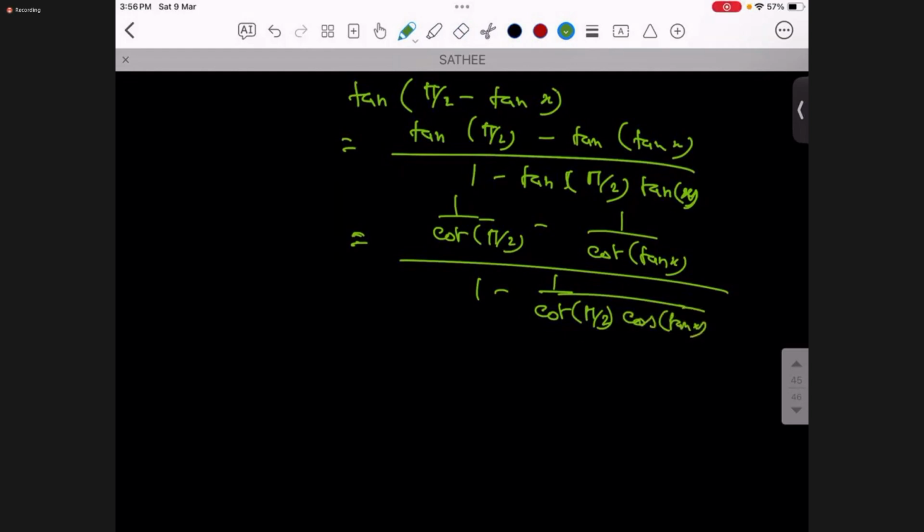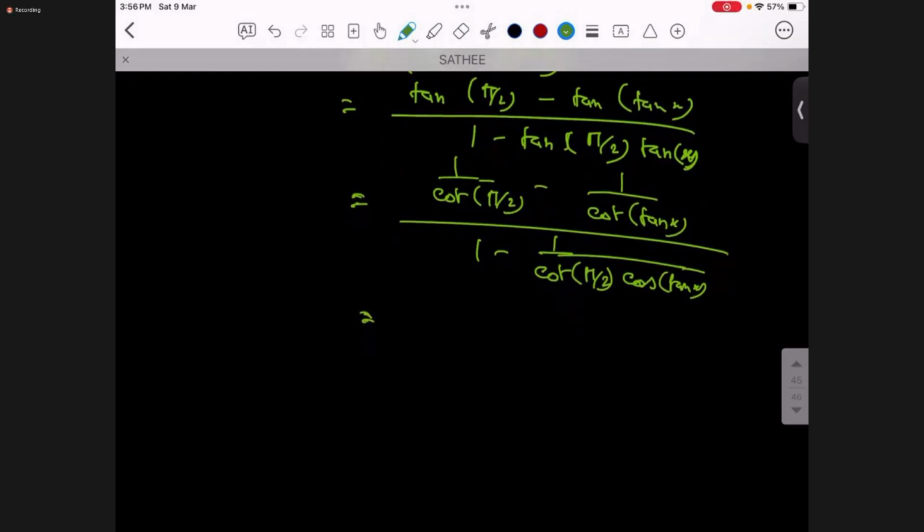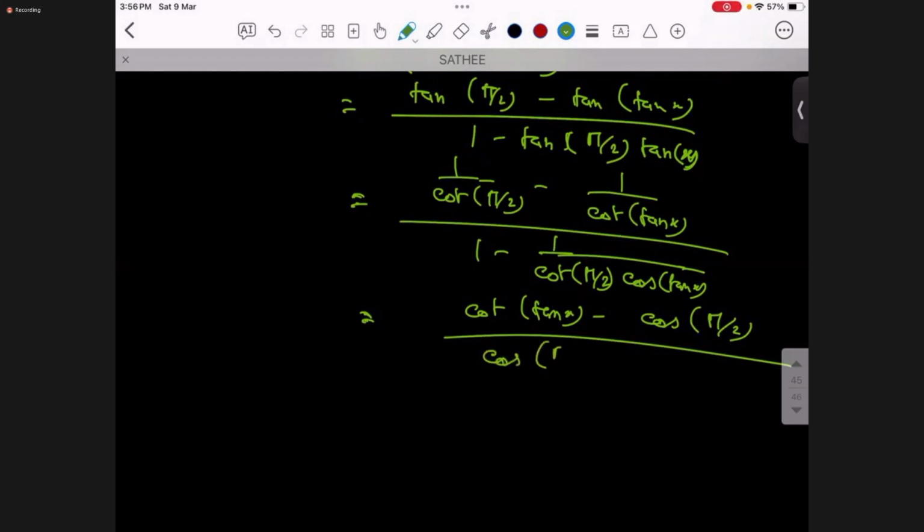Correct? Now, doing the things, we can easily show that we will obtain here cot of tan x minus cot pi by 2, divided by cot pi by 2 times cot of tan x minus 1.